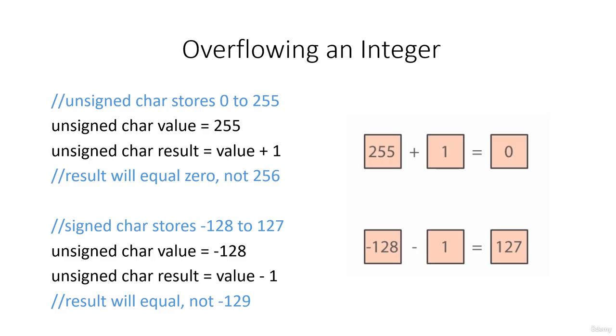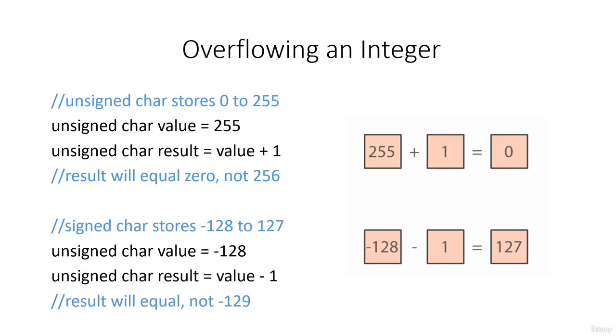Let's take a look at a couple of simple and impractical examples of integer overflow. In C code, an unsigned character variable can store in 8 bits an integer value in the range of 0 to 255. So if we declare an unsigned character variable, assign it a value of 255, add 1 to the value, and assign the result to another unsigned character variable, what will be the value of the result?